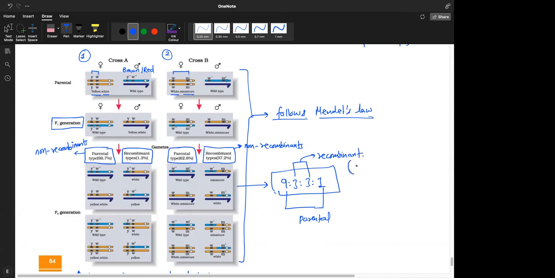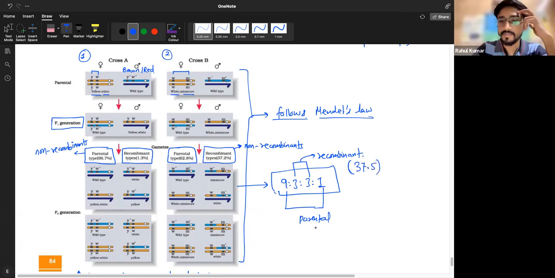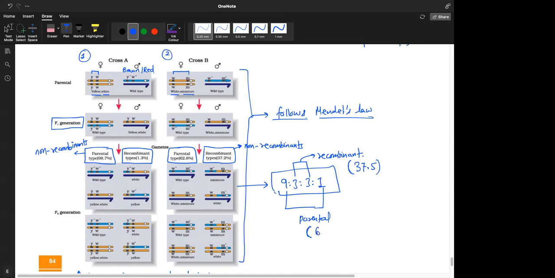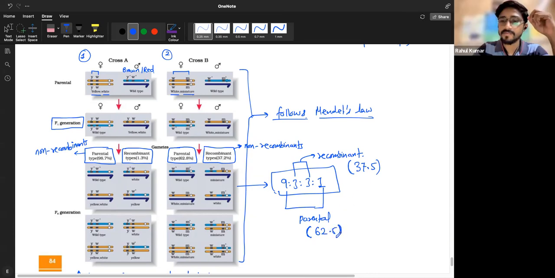What is the percentage of recombinants? You have already calculated this. So 37.5. And what is the percentage of parental? 62.5. Does this percentage match with this percentage given here?